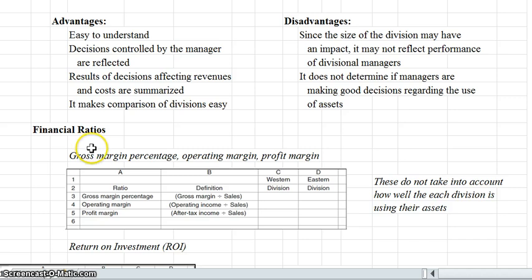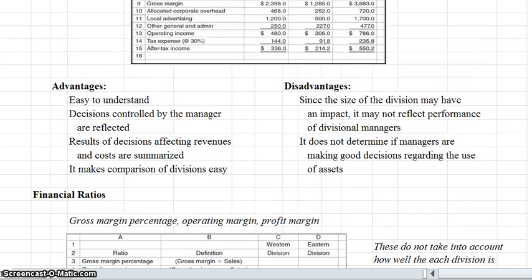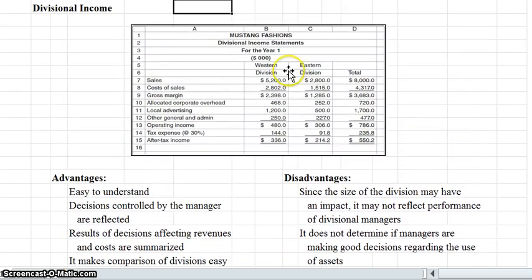When we're taking a look at financial ratios, there are three main ones that we might look at. The gross margin percentage, which is gross margin divided by sales. If you're focused more on what you learned in probably financial accounting, you may have heard this as gross profit. So it's saying how much of sales the gross profit makes up.